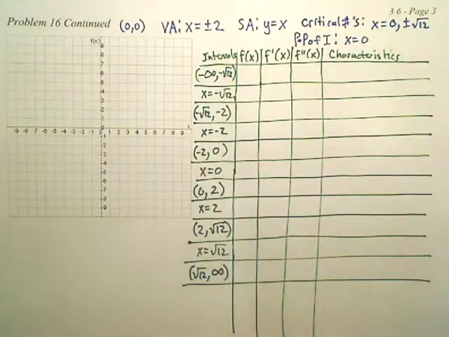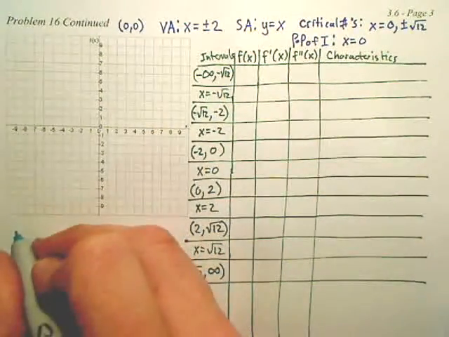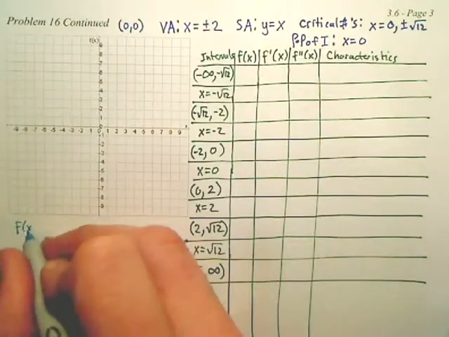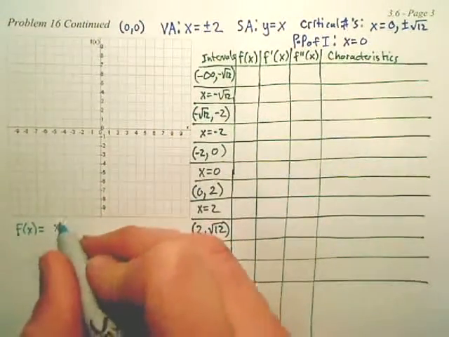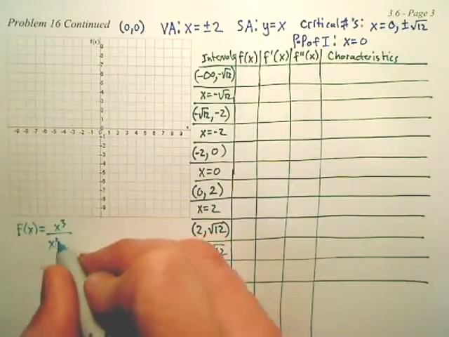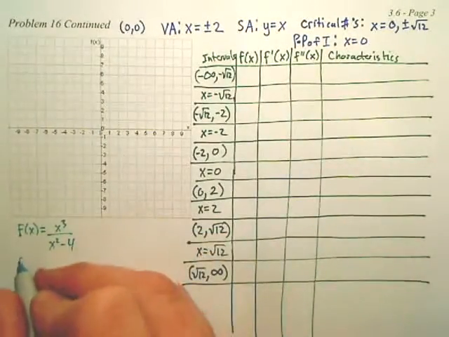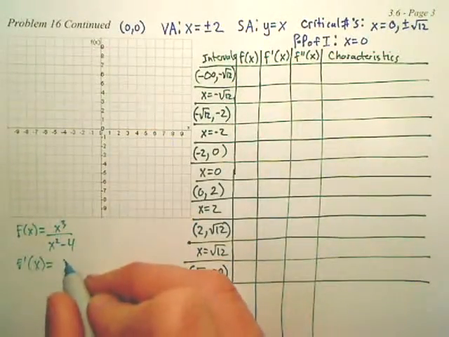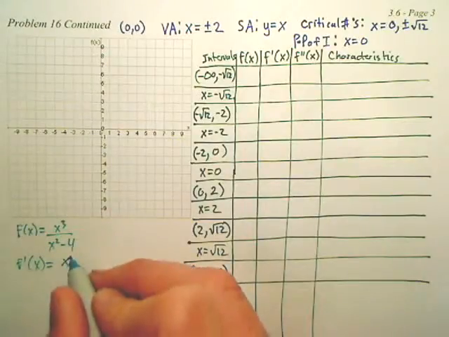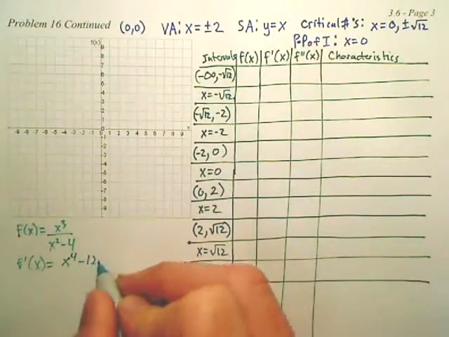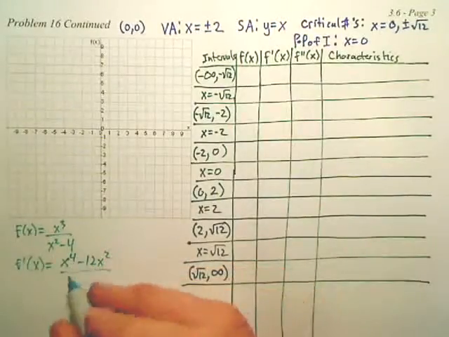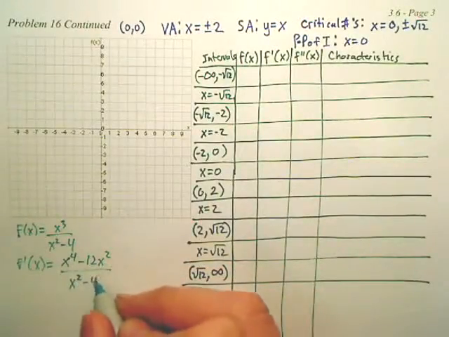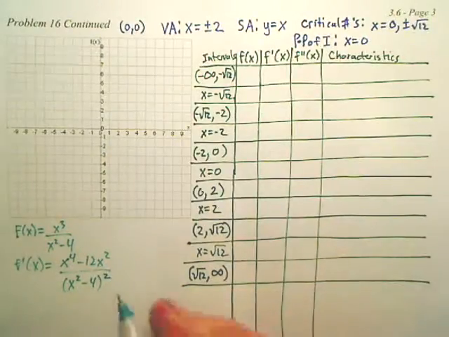Here we go. Now, what we need to do real quick, and I forgot to write these down, is we probably want our derivatives to look at. Okay? We have f of x is, again, x cubed over x squared minus 4. You have f derivative x is equal to x to the 4th minus 12x squared over x squared minus 4 squared.